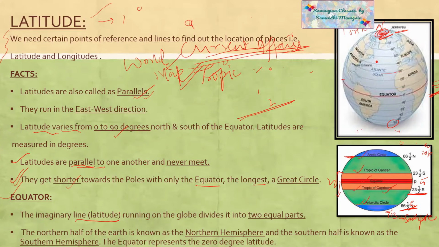So the equator is an imaginary line running on the globe which divides the earth into two equal parts. One half is the northern hemisphere and the other half is the southern hemisphere.